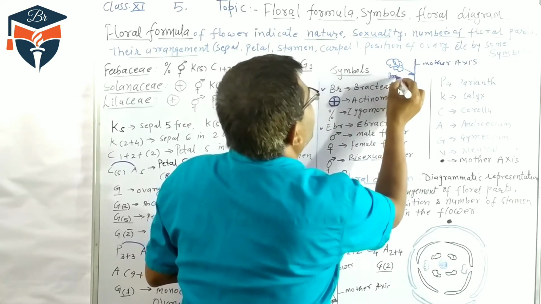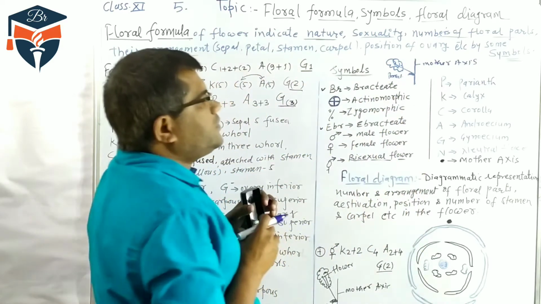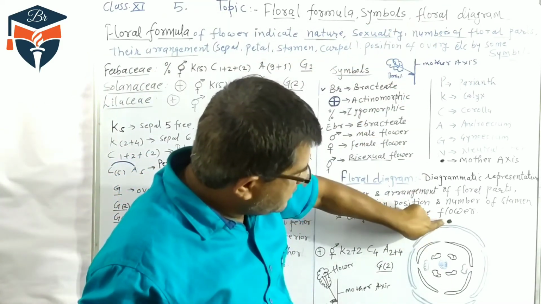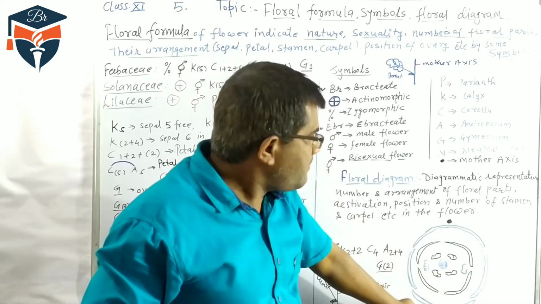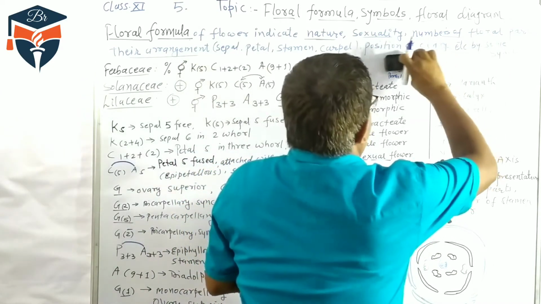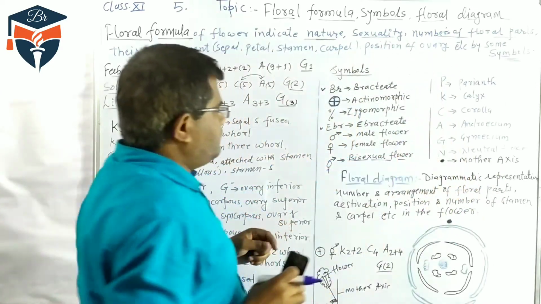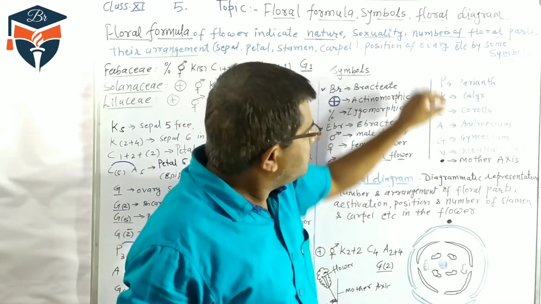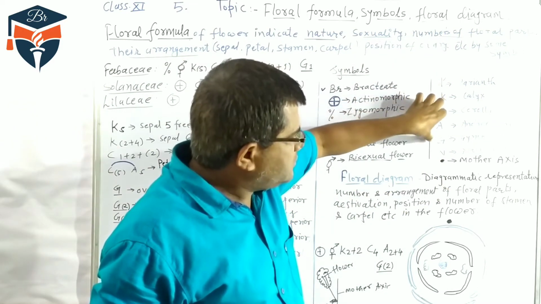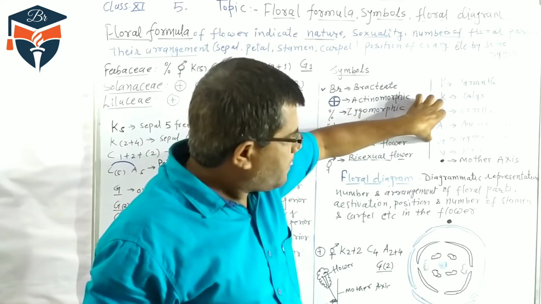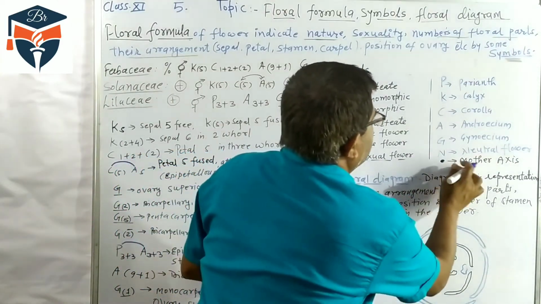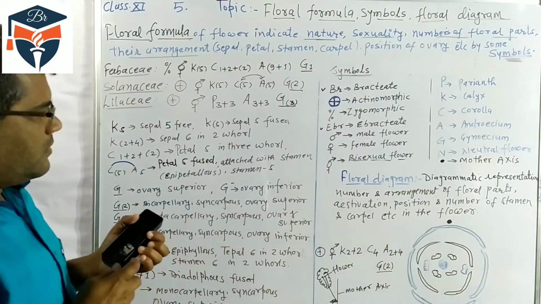This structure is the bract, and just opposite to it is the mother axis. So the dot structure shows the mother axis. These are a few symbols: P perianth, K calyx, C corolla, A androecium, G gynoecium, N neutral flower, and the dot structure indicates the mother axis.